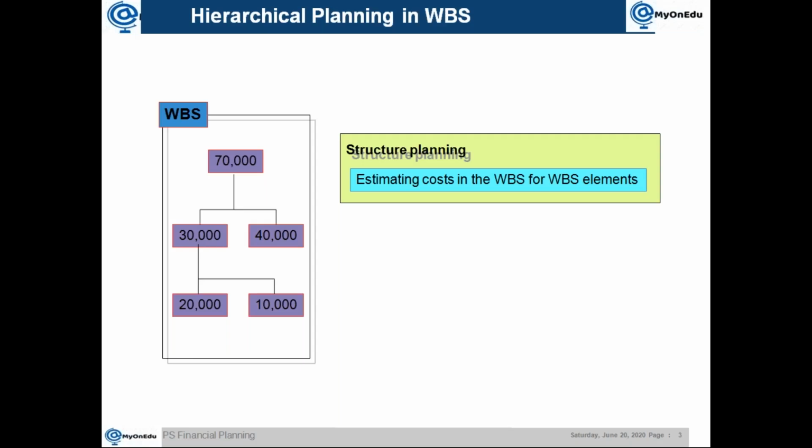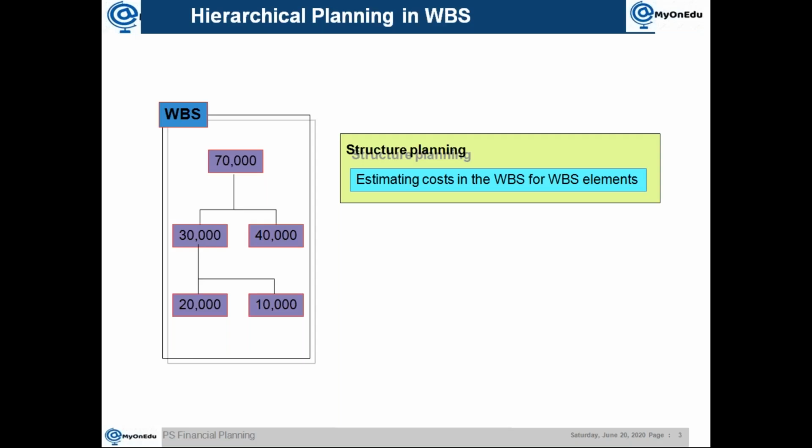But when it comes to other functionalities from the finance perspective, for example result analysis, or similarly progress analysis, if you want to execute those, they also require a planned cost, because planned cost is the base for that.